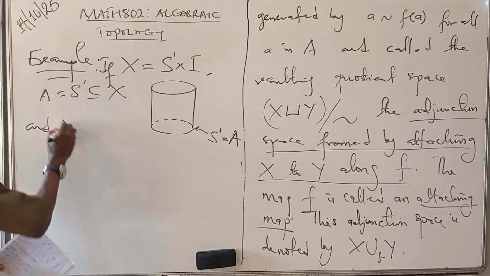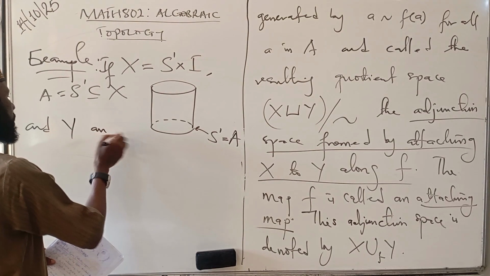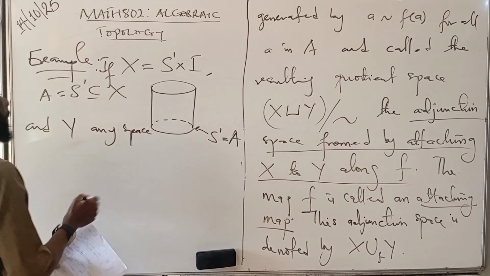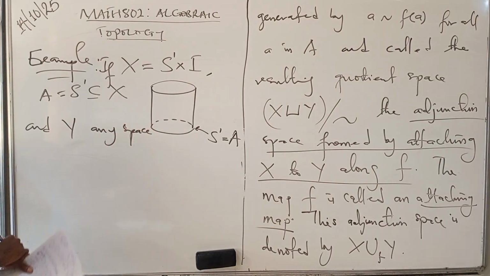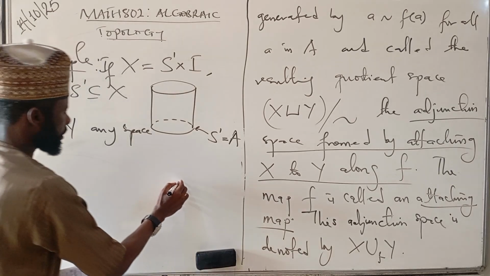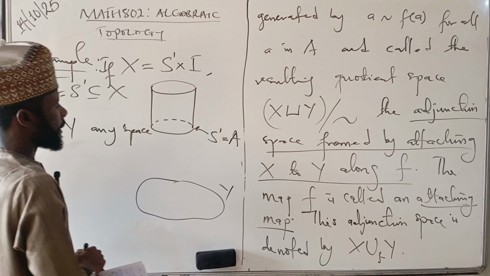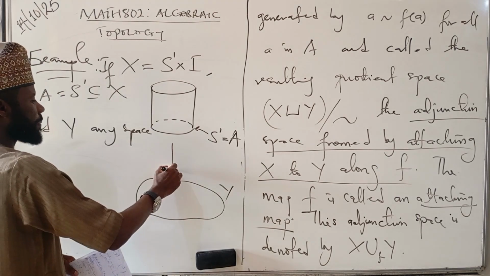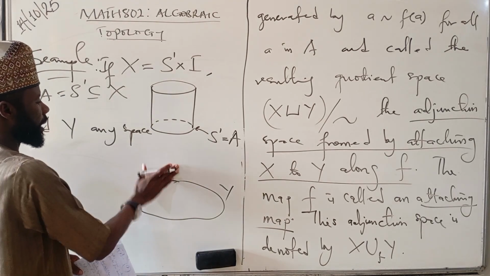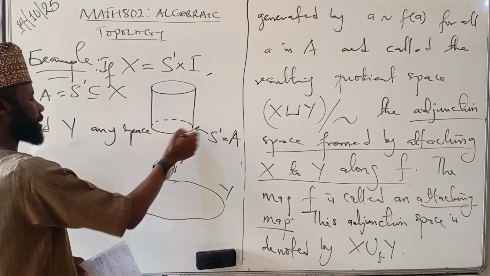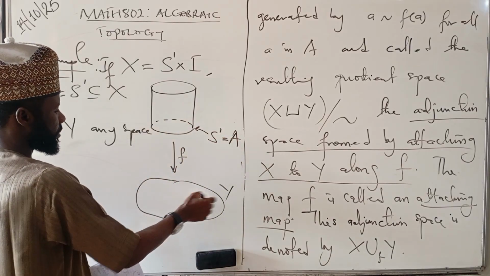And then you also take Y to be any topological space, any space, it can be of any sort. So if Y is any space down here, then you have a mapping from the cycle, so from A down to here.